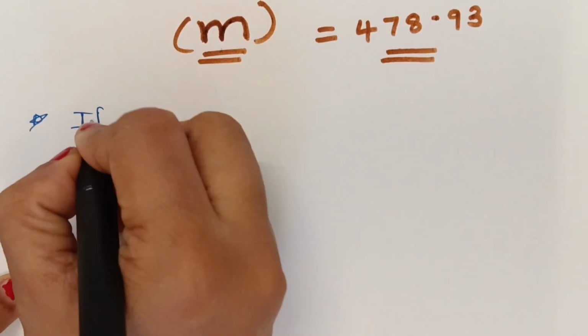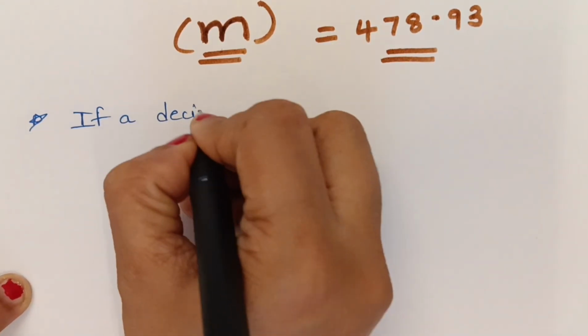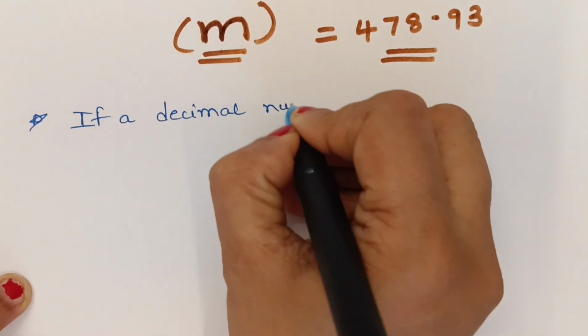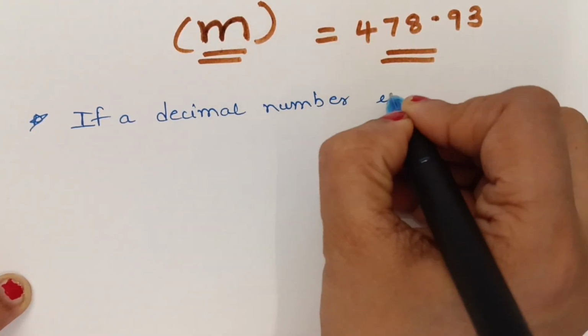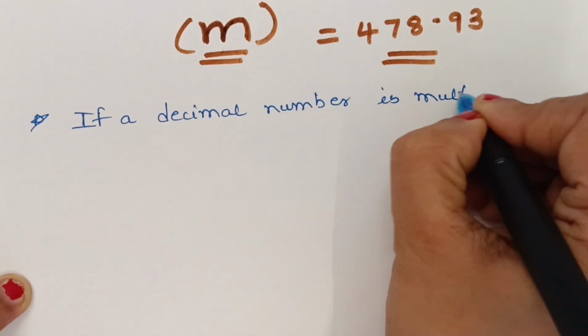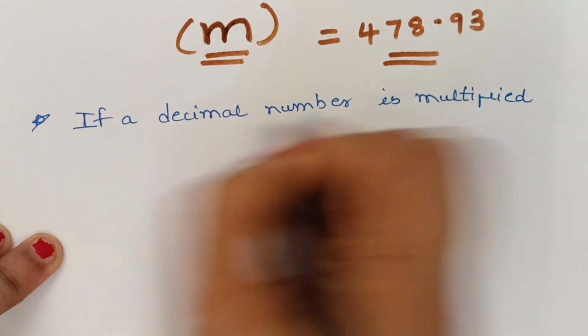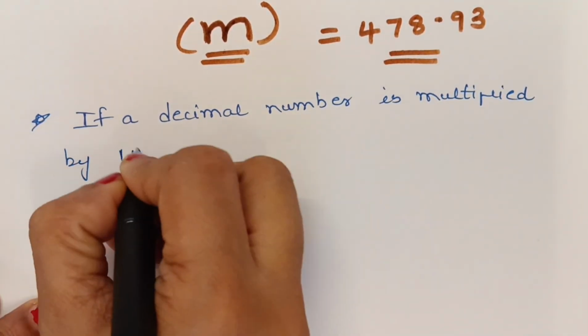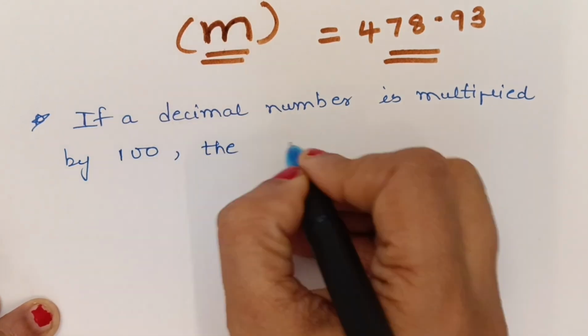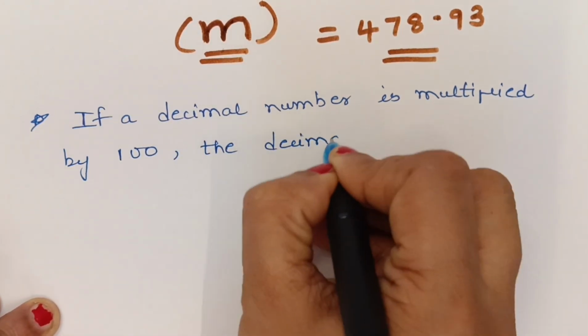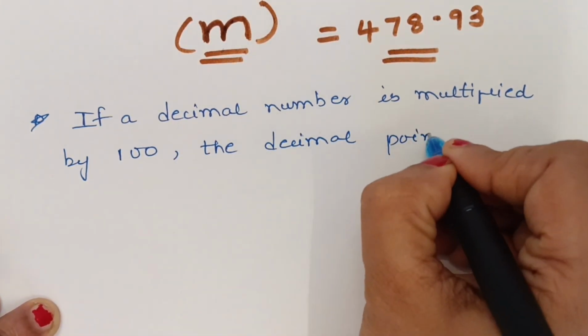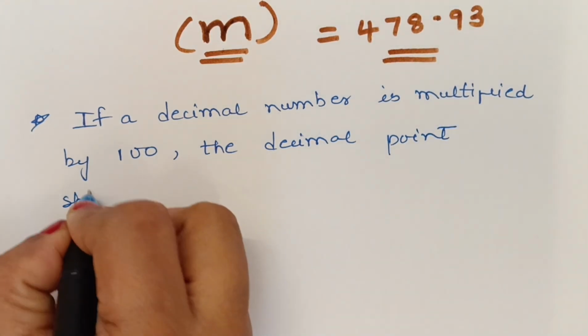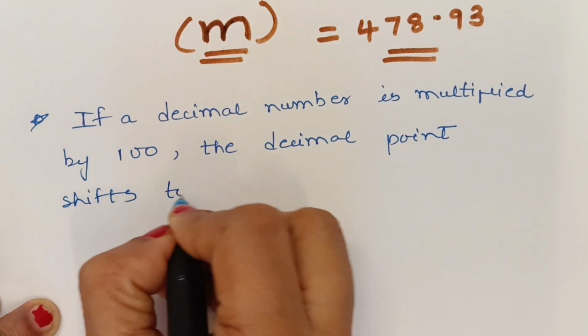If a decimal number is multiplied by 100, then the decimal point shifts two places.